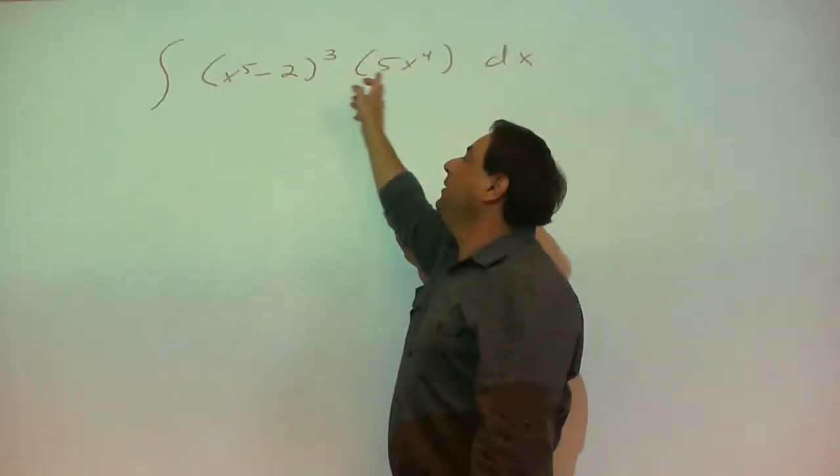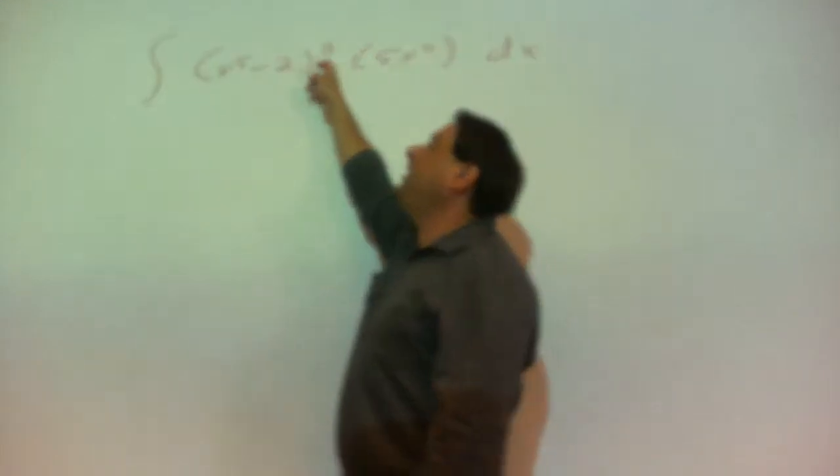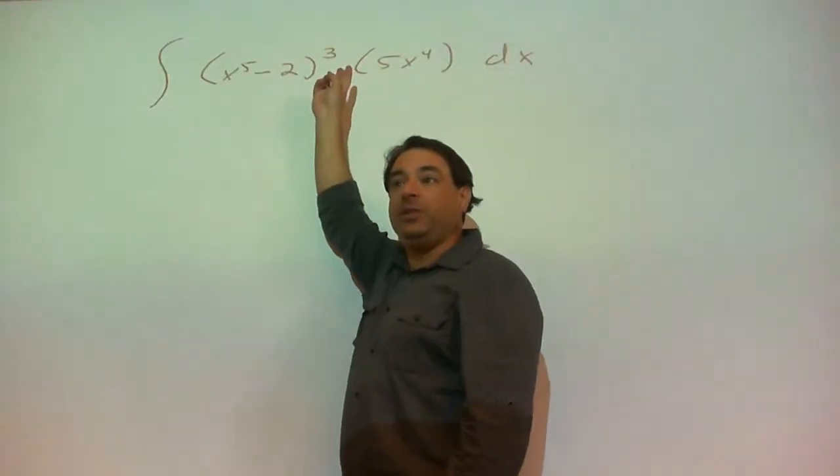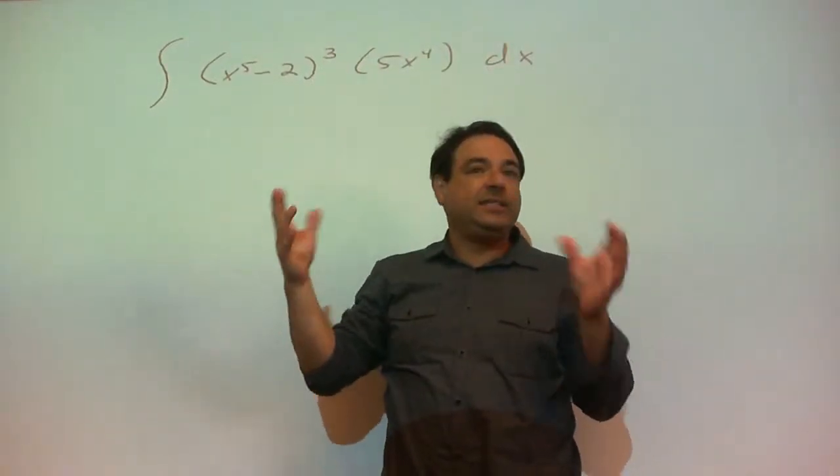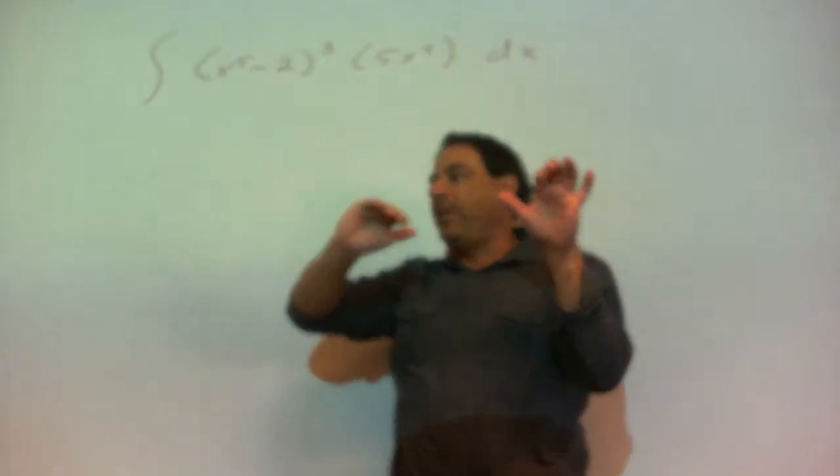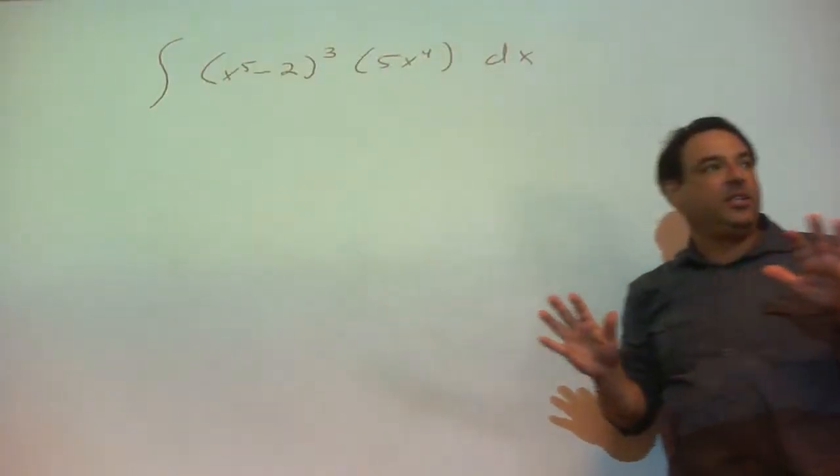Can I just simply add one and divide by it? Just by looking at it, does it look like an easier one or a harder one? It looks like a harder one. Why? I have two things being multiplied. I have stuff cubed. It's not a straightforward add one, divide by. Is everybody clear that this is a harder one?